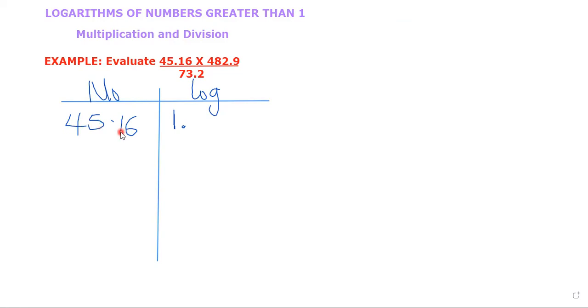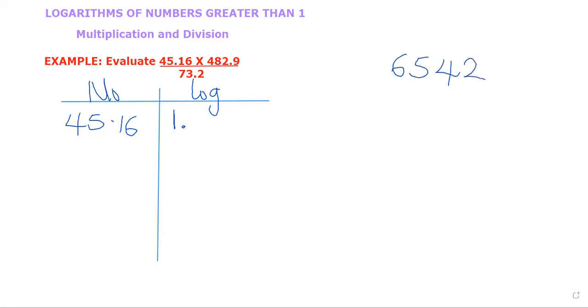I'm going to look for 45 under 1, difference 6. The difference is usually added. So when we check for 45 under 1, check your 4-figure table, you're going to see that it is 6, 5, 4, 2.